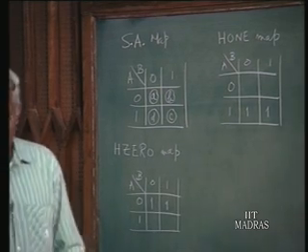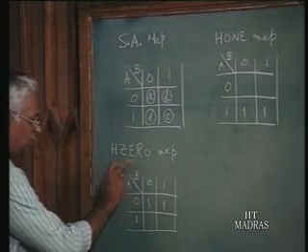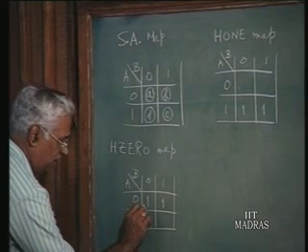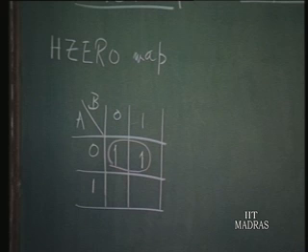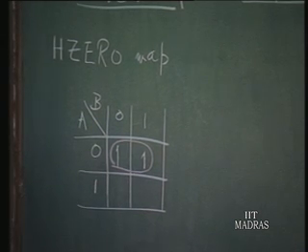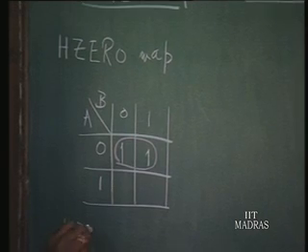Now, let us work out the Boolean function of H0, that is, encircle this, that gives you the function for H0. According to this, H0 is what?